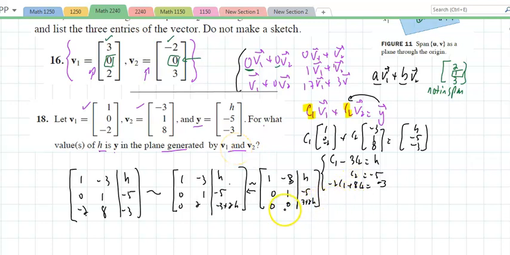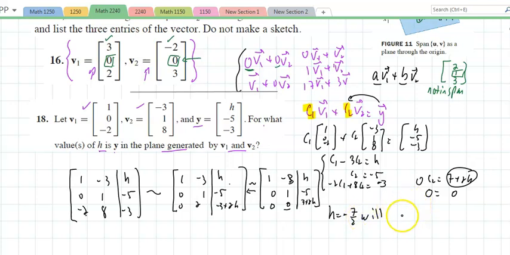Are we comfortable with this now? And if you're not comfortable, you could write it: 0 times C2 should equal 7 plus 2h. But for this to work, I must get this to equal 0. Otherwise, there's no way of a solution. How do you get that to be a 0? By letting h equal negative 7 halves.